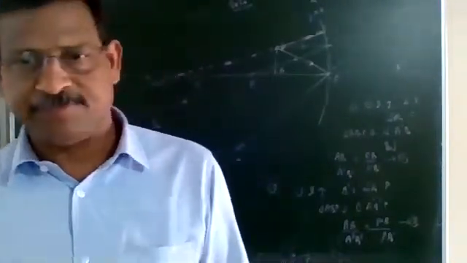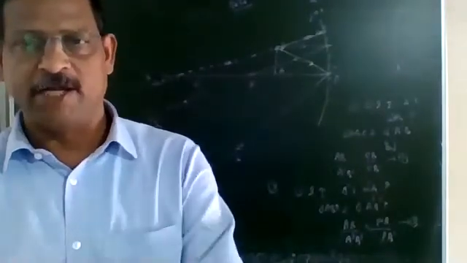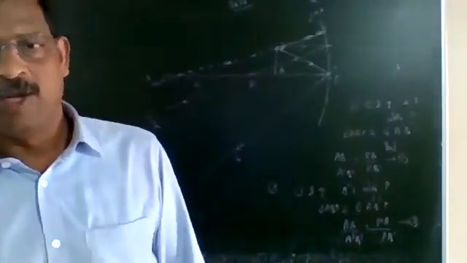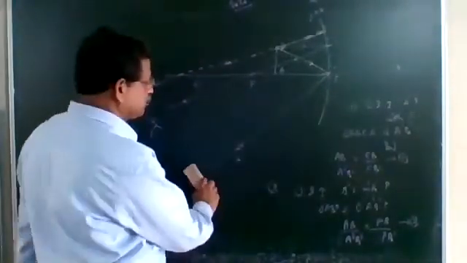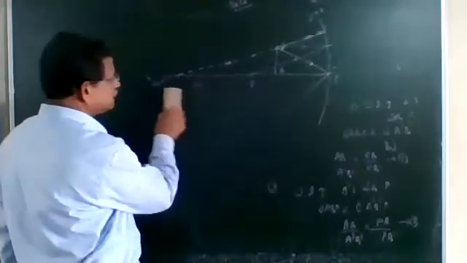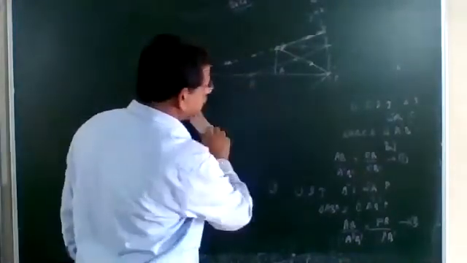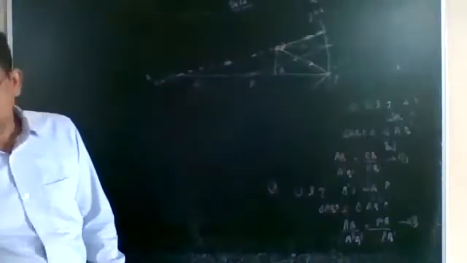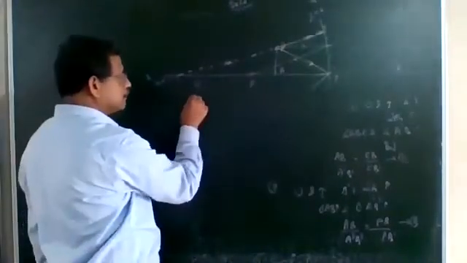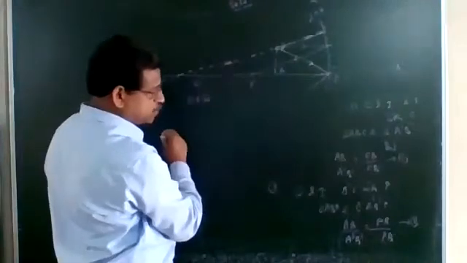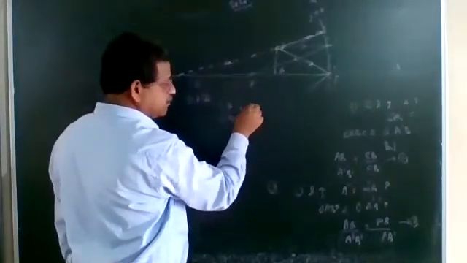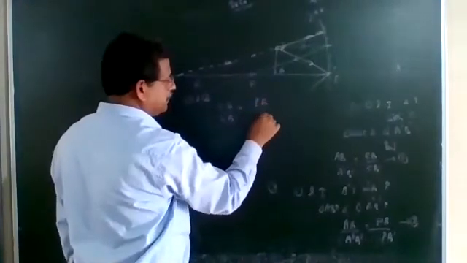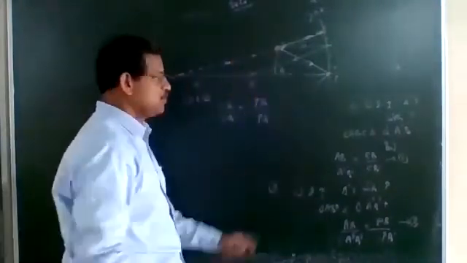The diagram we have changed. From equations 1 and 2, equate the RHS. This part of the diagram. So from equations 1 and 2, the RHS values: CB divided by CB dash equals PB divided by PB dash.